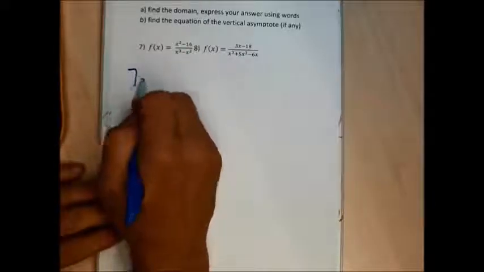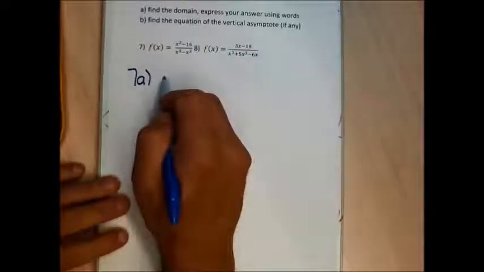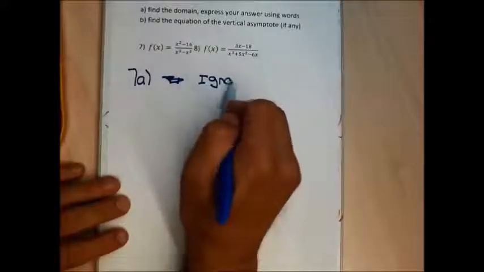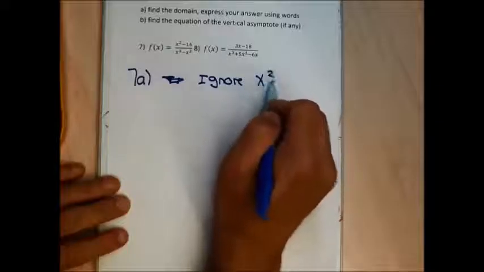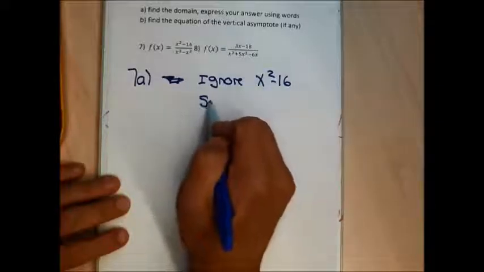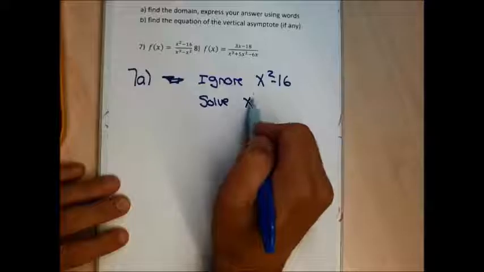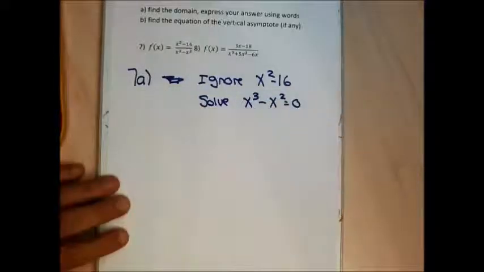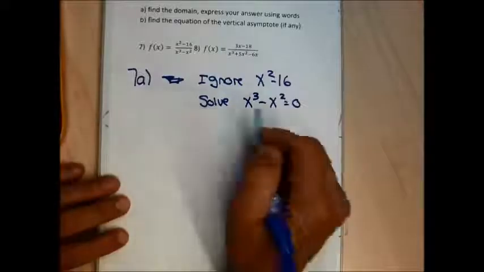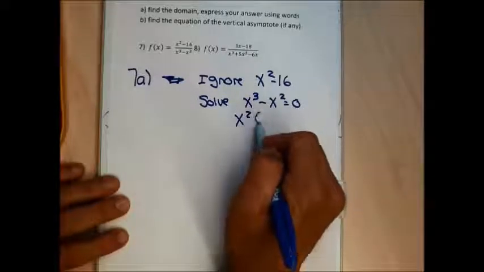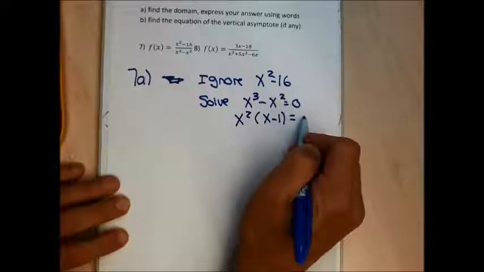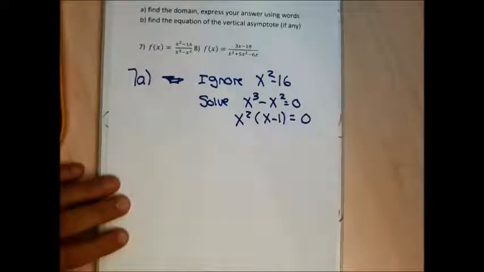So for 7a, to find the domain, I'm going to ignore the x squared minus 16, and I'm going to solve x cubed minus x squared equal to 0. I'm going to solve that by factoring. There's a common factor of x squared, so I factor out an x squared and get x squared times x minus 1 equals 0.